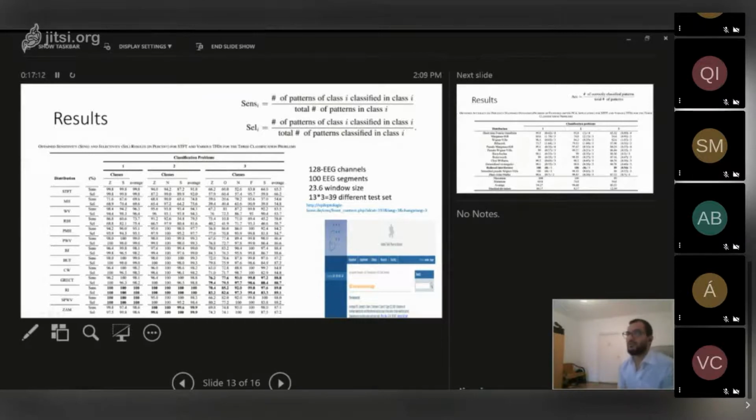For the evaluation, they consider this evaluation of the classification for each of these time frequency distributions. They consider sensitivity and selectivity for each classification between different classes.